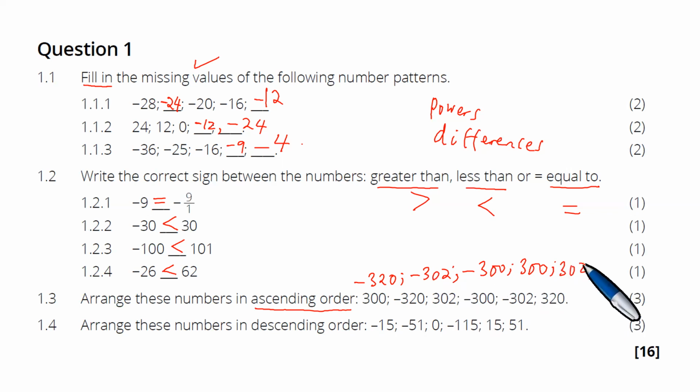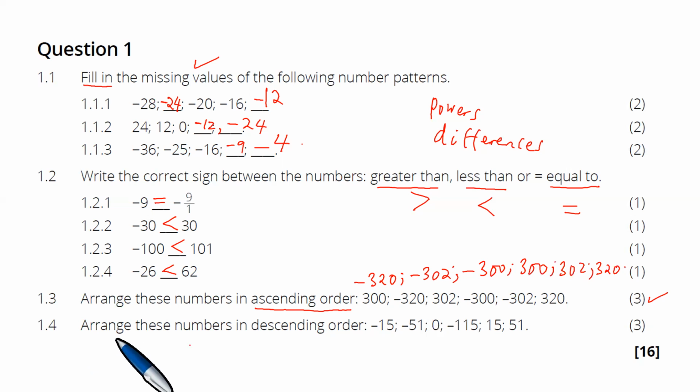After 302, the next number is 320. Well done. So we have to do these, and for just 3 marks, we would get the full marks there.